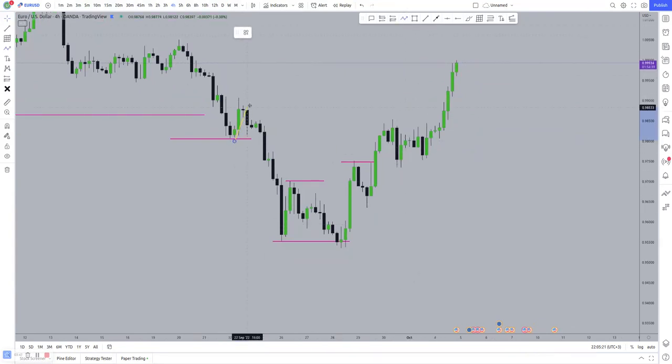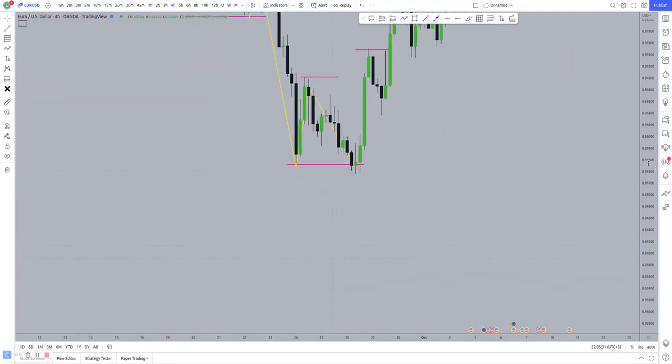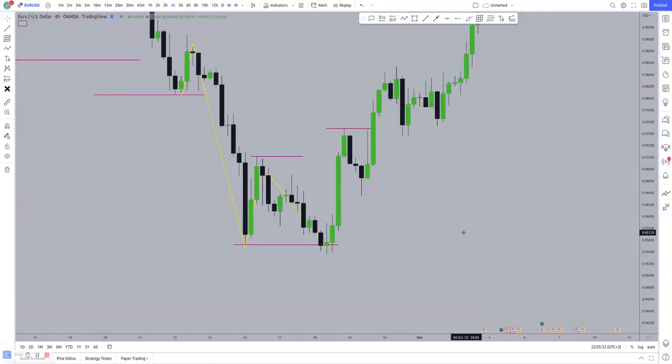So we have price action going lower, a low, a high. Now what you see here, guys, if you've paid attention to the videos that I've been posting, I have explained the difference between stop hunts, manipulations, or whichever you call it.